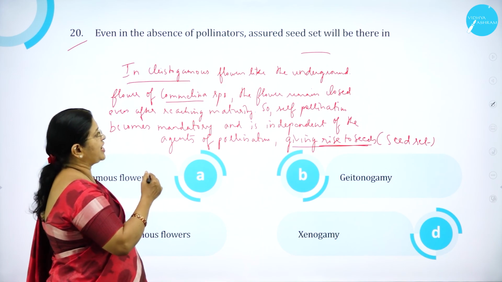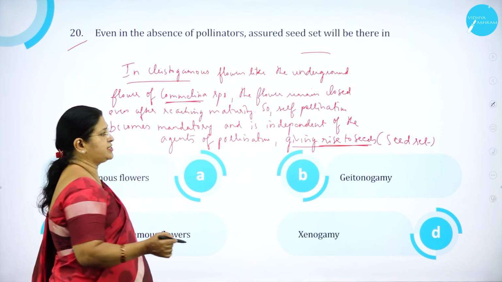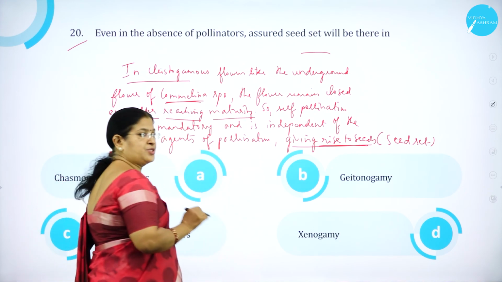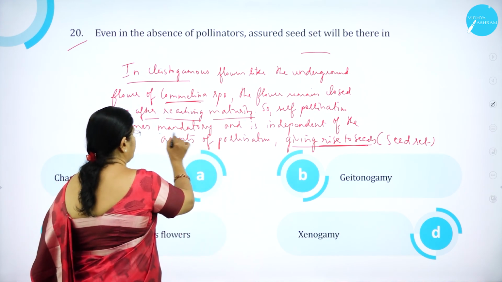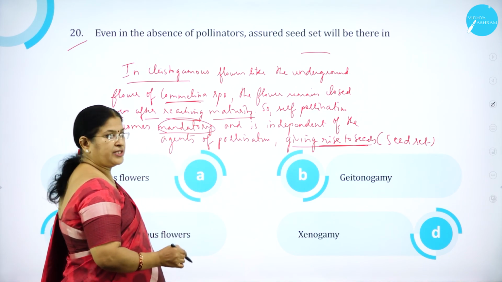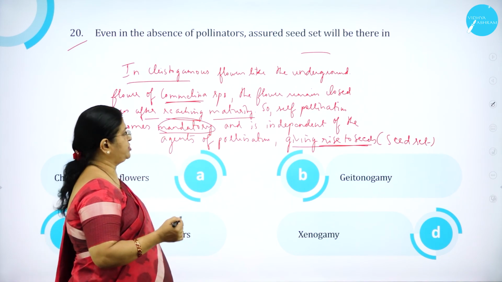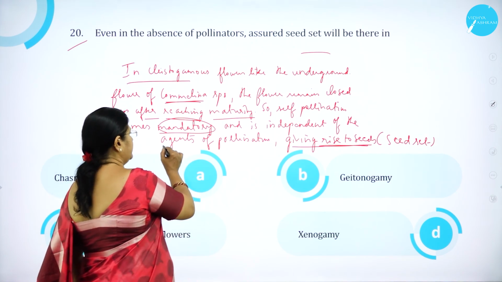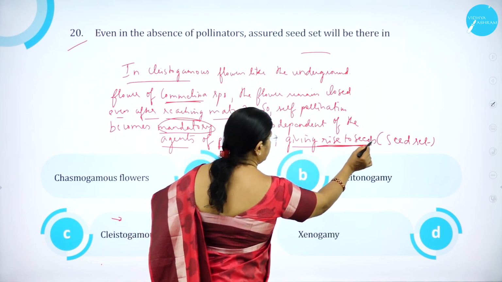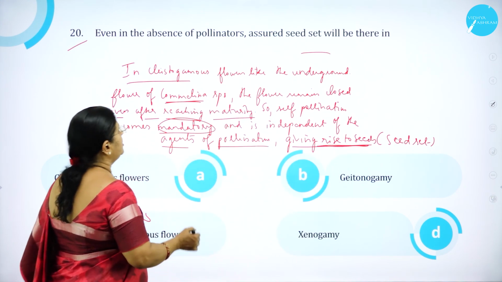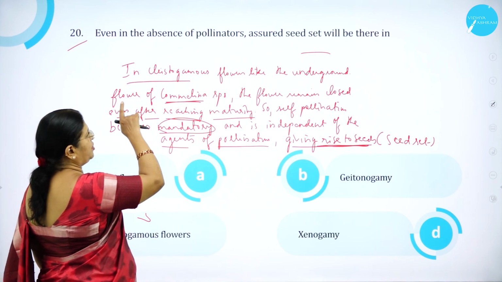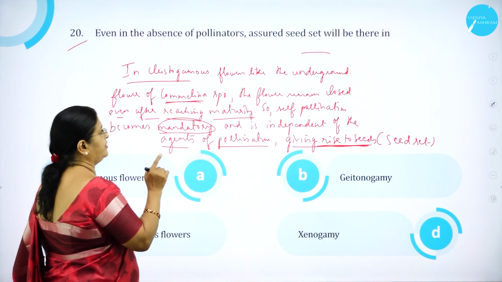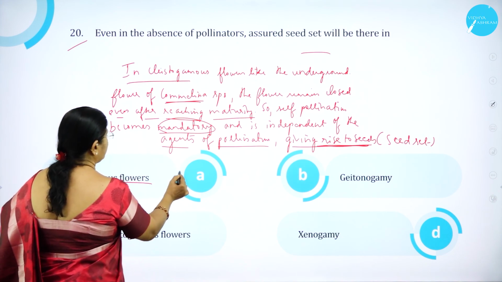In cleistogamous flowers, like the underground Commelina species, the flower remains closed even after reaching maturity. So, self-pollination becomes mandatory and is independent of the agents of pollination, giving rise to seeds. That is for seed set. So, even in the absence of pollinators, assured seed set will be there in the first one, chasmogamous flowers?